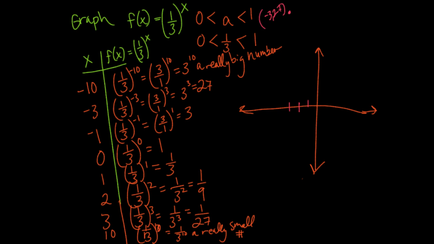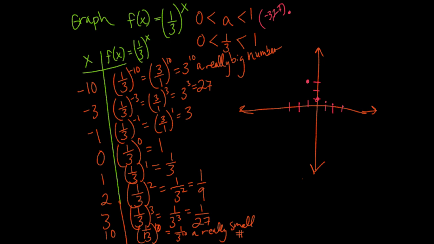Now if we graph -1, we're at 3. So here's 1, 2, 3, -1, 3. And if we graph 0, we're at 1. If we graph 1, we're at 1/3. And 2 is going to get even closer to the x-axis, which is 1/9. 3 is going to be down to 1/27.